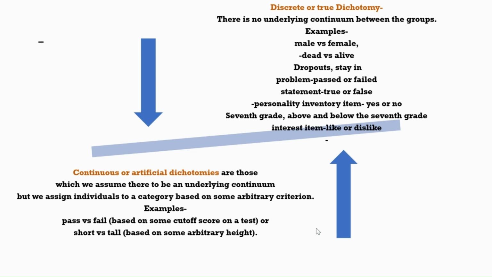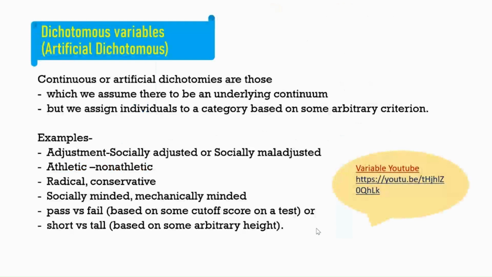The examples of such type of dichotomy are pass versus fail based on some cutoff score on a test. Short versus tall: height is a continuous variable, but based on some criteria, we divide it into two parts, short versus tall. This is artificial dichotomy.